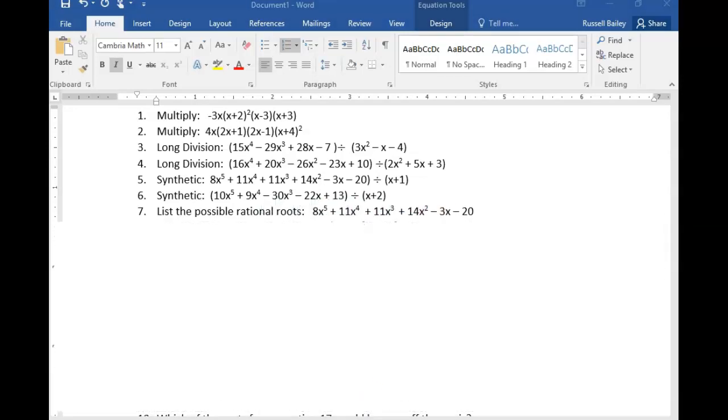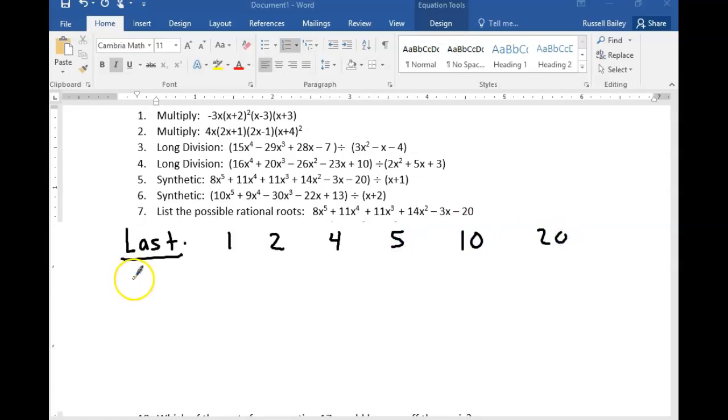You're fine. Okay. So if I want to find my possible rational roots, what we do is we're going to make a list of all the factors of my last term. The numbers that divide into 20 are 1, 2, 4, 5, 10, and 20.